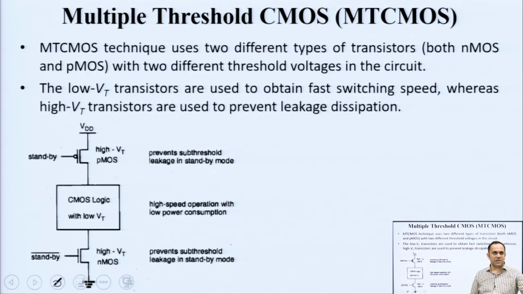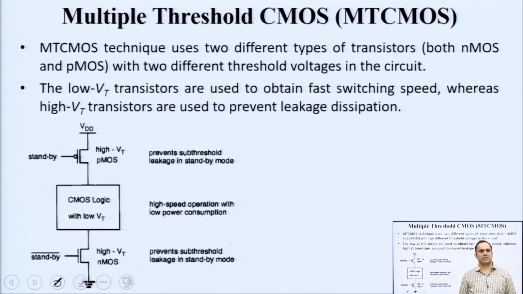Whatever leakage or subthreshold conduction may be happening here gets confined to this logic only. So, this is how you control your subthreshold conduction while maintaining the target of low power dissipation.